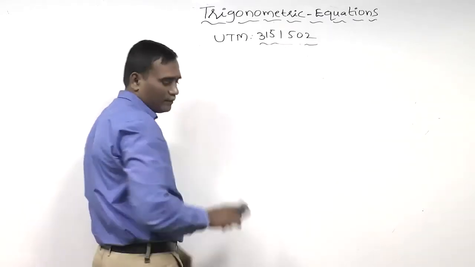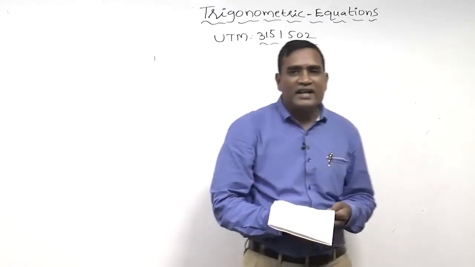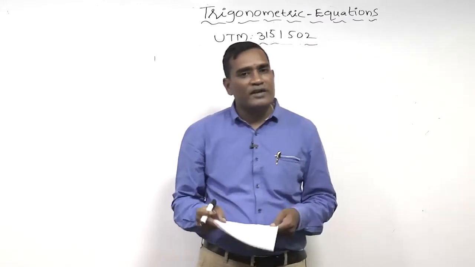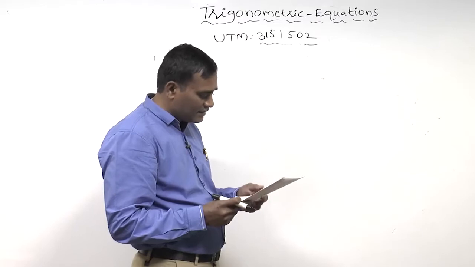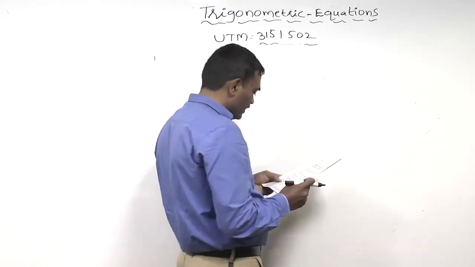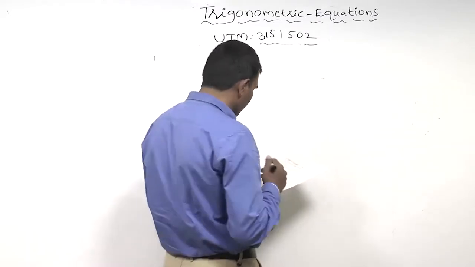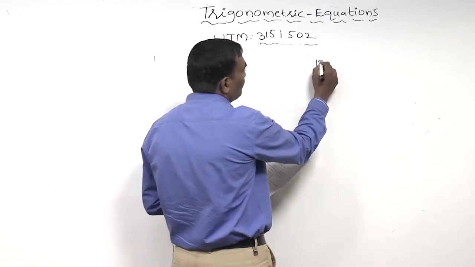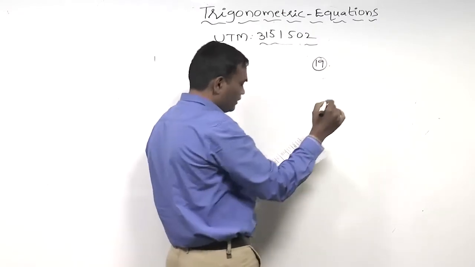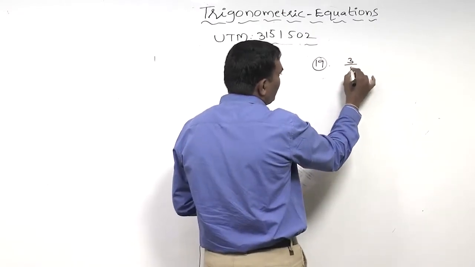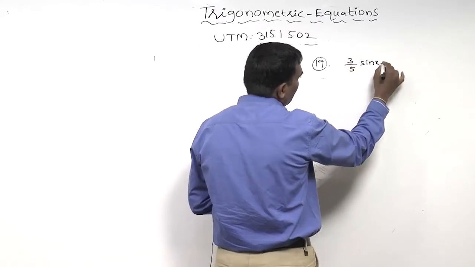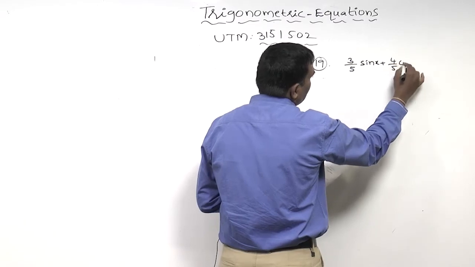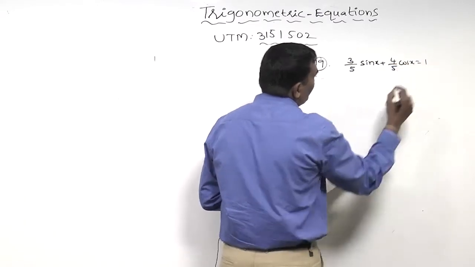In the question, what is given? 3 sin x plus 4 cos x. Here, root of a square plus b square is root of 3 square plus 4 square, which is 5. Divide with 5. 3 by 5 sin x plus 4 by 5 cos x is equal to 1.